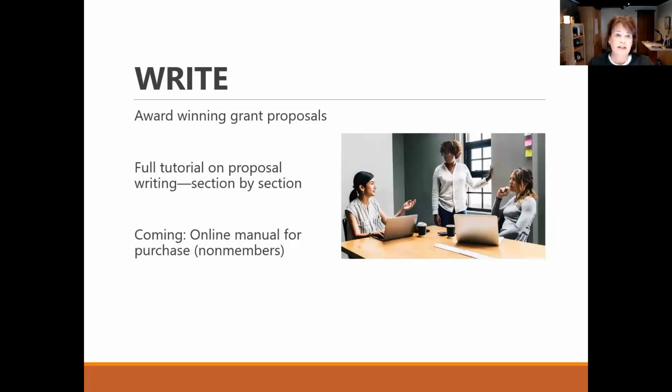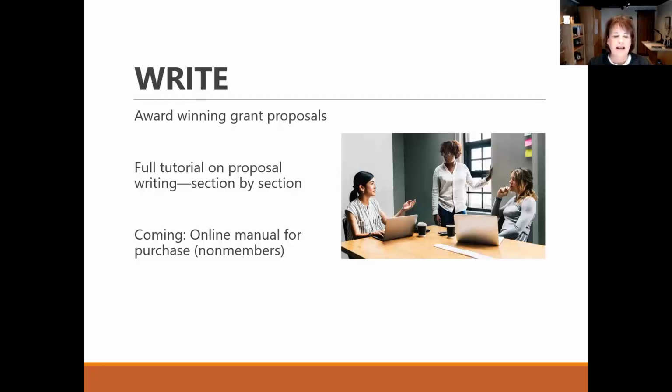And then the other section of Write is really a full tutorial with handouts and examples and editable files for you to use, from writing a grant from beginning to end. We are currently doing a rewrite, trying to update the different examples. The information is still up to date, but we're updating a lot of the samples.